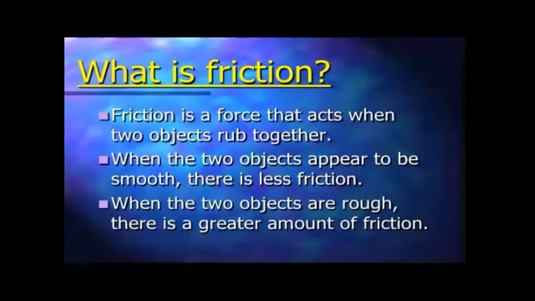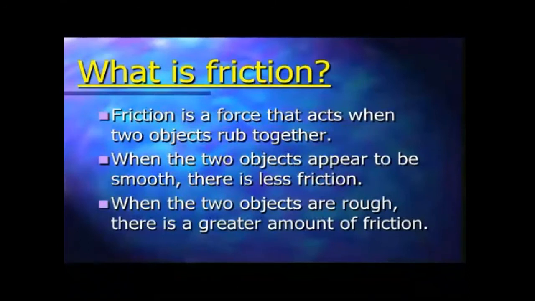Rough surfaces like rock and sand create much more friction. So students, when two surfaces or things are in contact with each other in such a way that they rub against one another, friction occurs. The force of friction causes an object to slow down or stop.